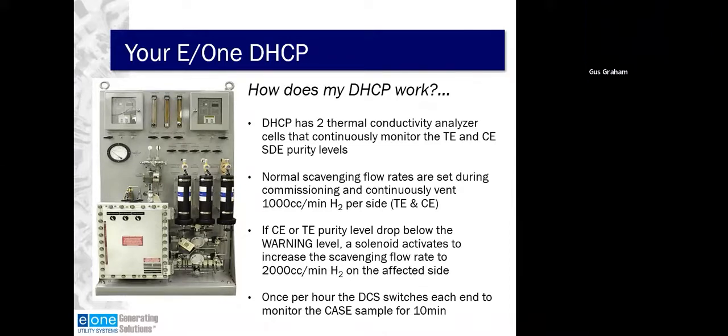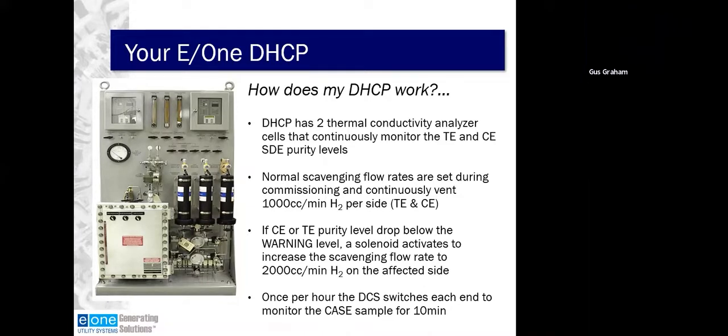Once per hour on units that are directly coupled to the control system will send a signal and switch the turbine end and collector end sampling to the case. And it'll sample from the case for 10 minutes per hour. And what that does, it allows the control system to compare the case purity sample to the seal drain enlargement tank purity.